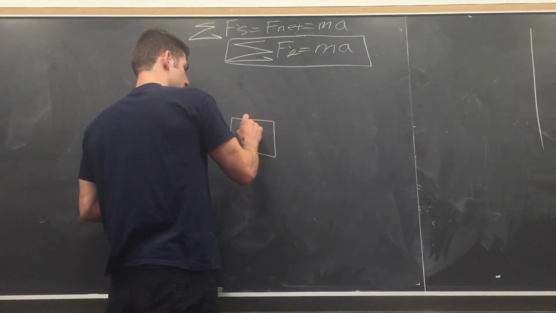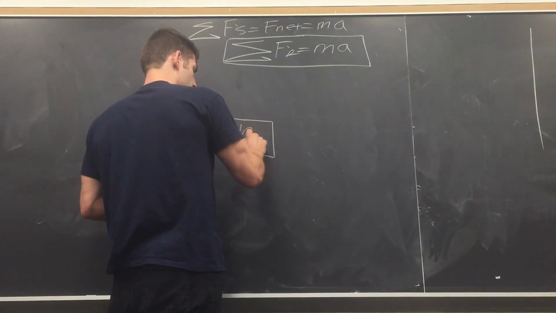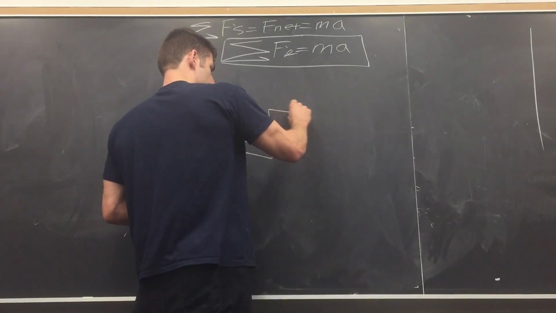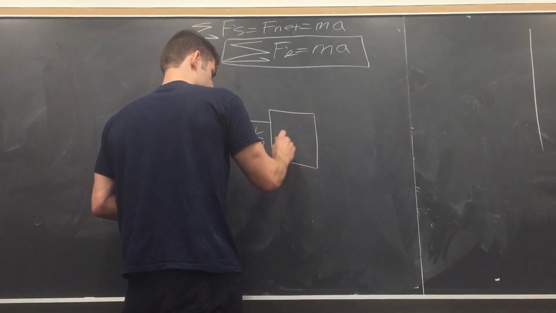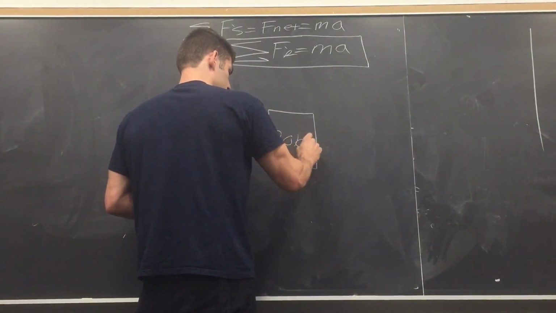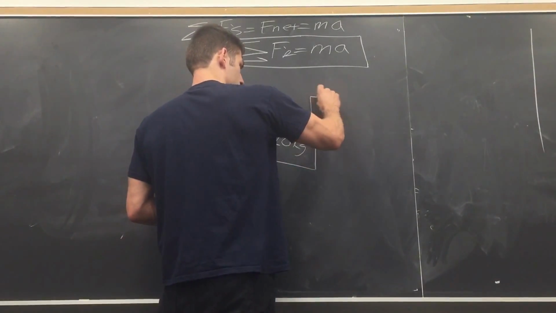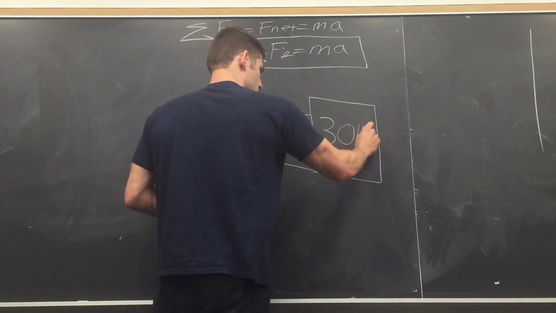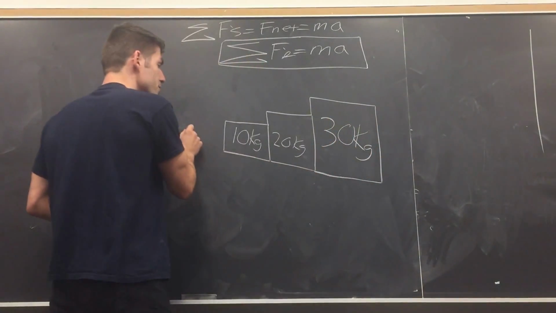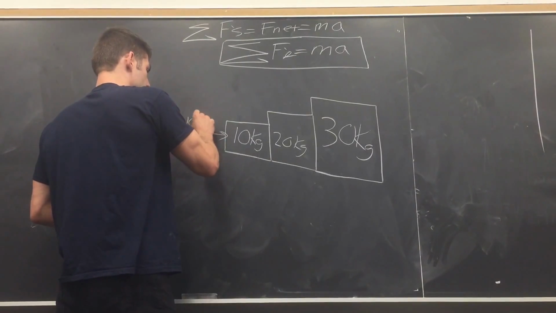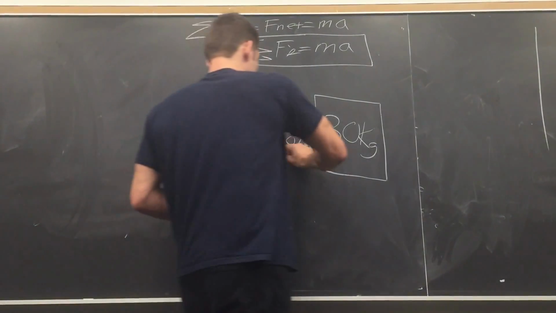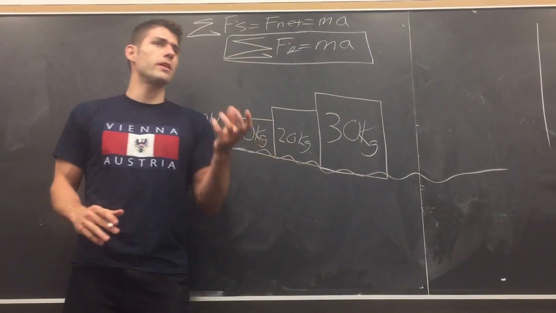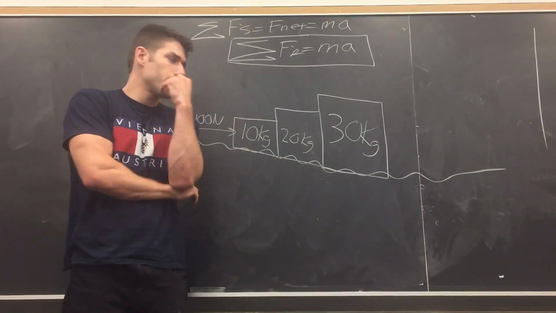So let's imagine we have a 10 kilogram box next to a 20 kilogram box next to a 30 kilogram box, and we're pushing into it with 100 newtons. Now, you guys are only doing chapter 4. So for the most part in chapter 4, you don't normally assume friction is there.